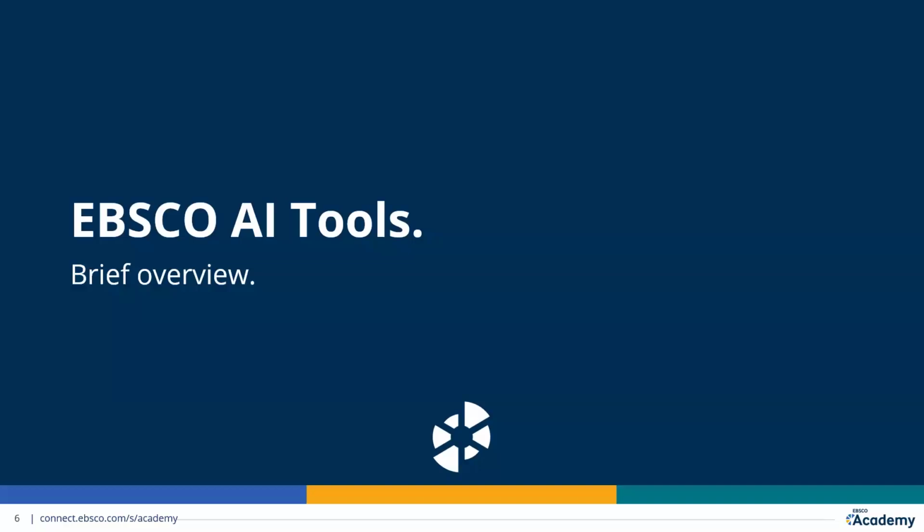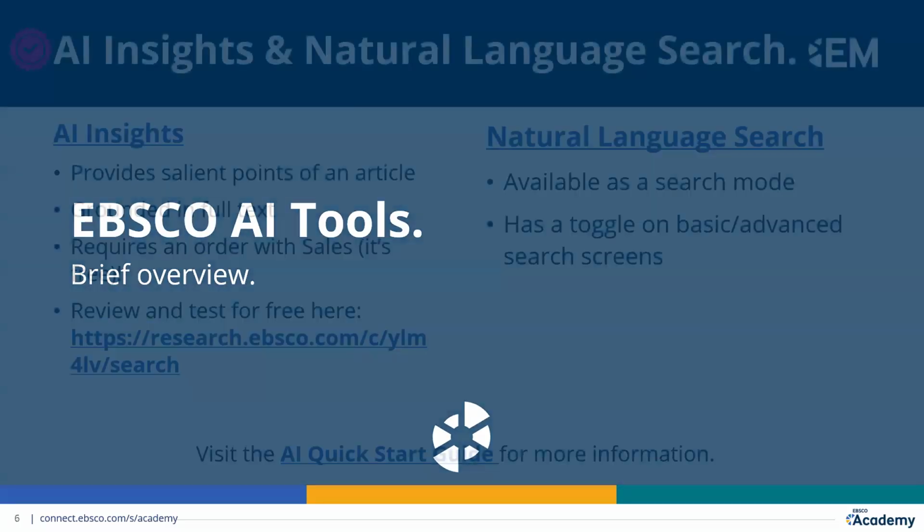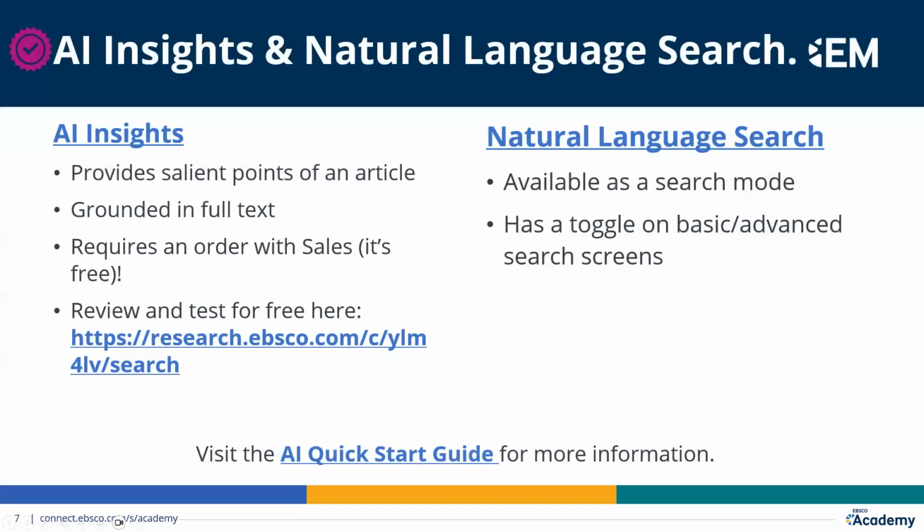Okay, moving on from there, I'm going to give a brief overview of the two AI tools that we have available. Now, on the left-hand side, we have our AI Insights. So this is a type of generative AI which will provide salient points, about 2 to 5 points of an article. These are grounded in full text.